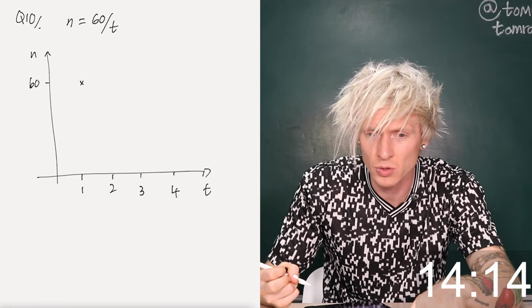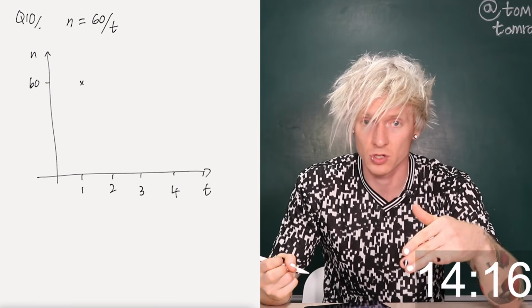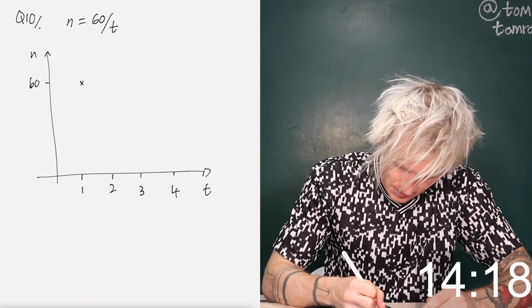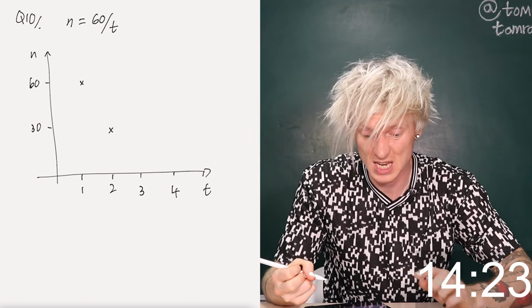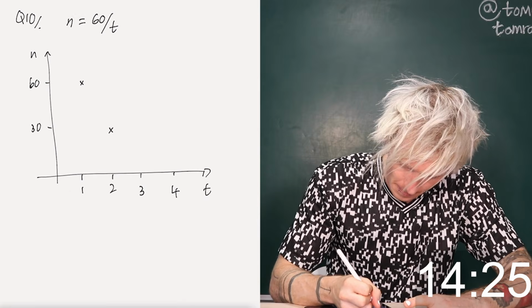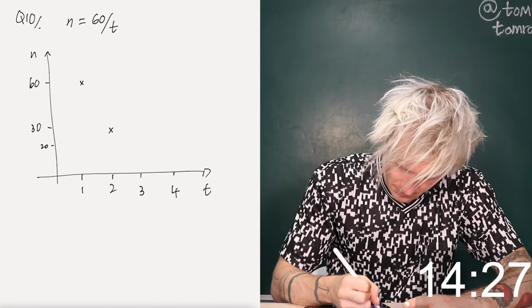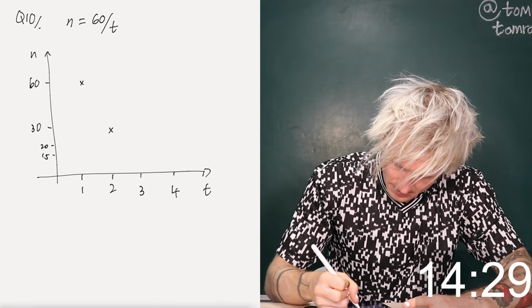Then for 2, it's going to be 60 over 2, 30. So let's try and roughly do it to scale. It's going to be at 30. For t equals 3, 60 divided by 3 is 20. And then divided by 4 is 15.